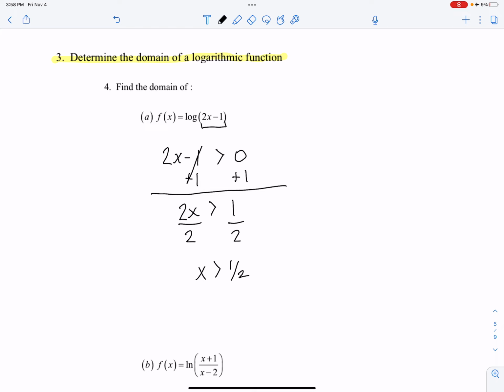Well, we will just write our domain, D, equals. We'll have an open parenthesis because it's not including 1/2, it's just greater than. So 1/2 to infinity. And that's how we would write it. Our domain goes from 1/2 to positive infinity.